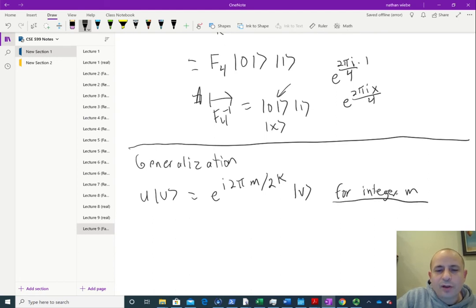Now this part is very important because we're making a further assumption that generalizes all the cases that we had previously. The previous cases had some rational multiple of pi as their phase. And here we're using exactly the same structure.